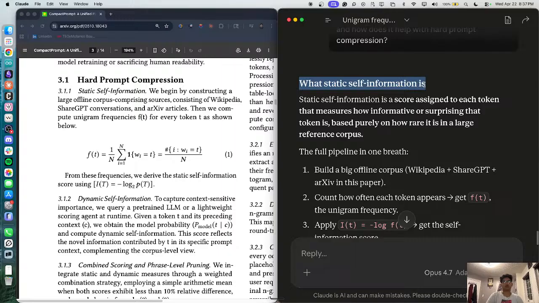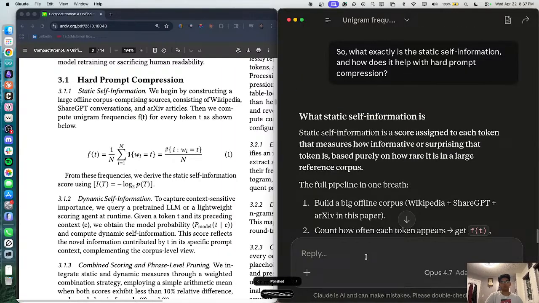What is static self-information? Okay. Based off of what you've told me and my own digestion of the information about the text itself, essentially, static self-information uses a corpus of text. In the case of the research paper, that was an offline set which comprises sources like Wikipedia, ShareGPT conversations, and arXiv articles.